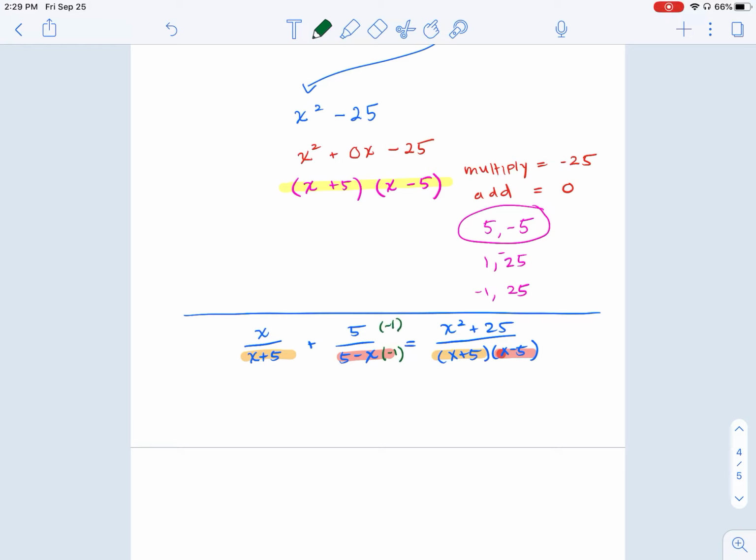That means I also have to do it to the numerator. So now I have x over x plus 5. Now the numerator turns 5 times negative 1, so now it's negative 5. And then here I have negative 5 plus x. Just that.